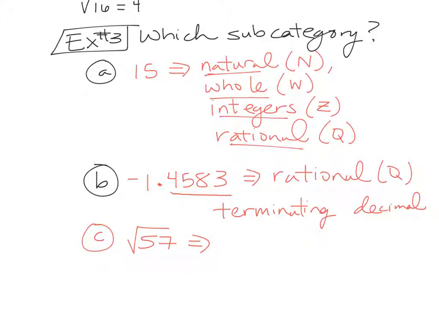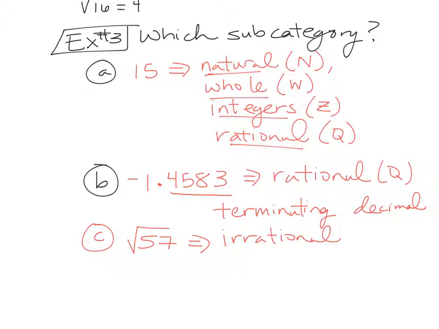Square root of 57. Does it end? No. Yeah, it doesn't. Well, your calculator might make it seem like it does. It actually is not going to end. It's just that your calculator doesn't give you any further numbers than that. But if it goes all the way to the end of your screen like that, it doesn't end. So this would be considered irrational.